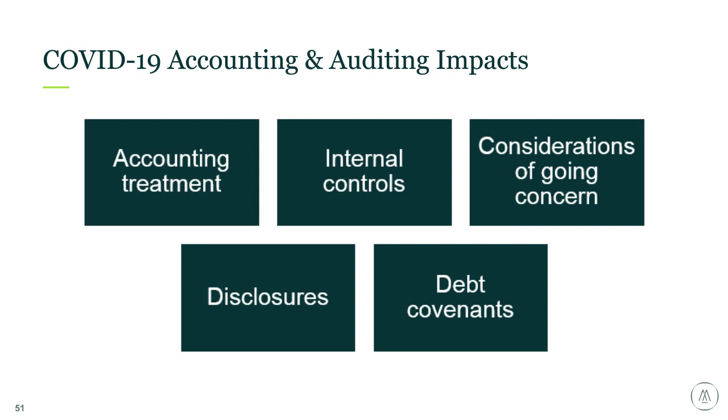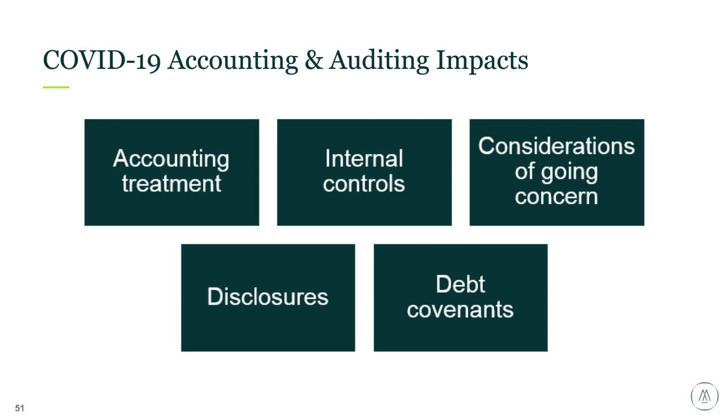So it's not a year after your year end, but after the financial statements are issued. And so you should be documenting your consideration, especially in light of the pandemic and how that has impacted your organization, and whether or not you have any going concern issues that may need to be disclosed within the financial statements.